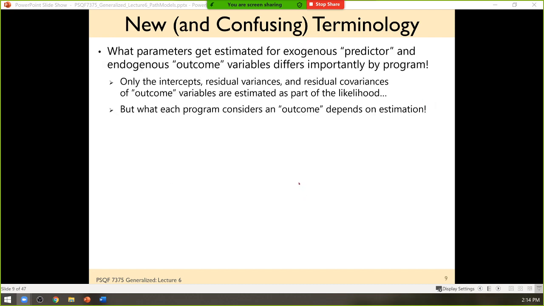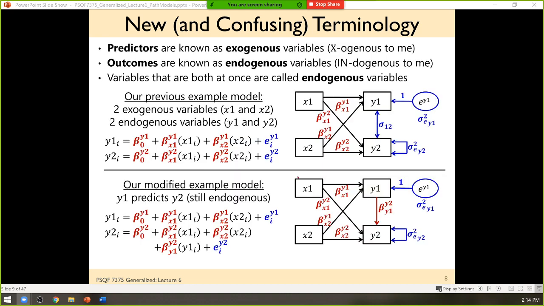I have a lot of words on here. Let me just talk you through this without reference to those because that's more detail, I think. Once upon a time, the way that these algorithms worked in terms of the likelihood was using a summary of all of the individual data. So you would get the means for all your variables, the variances for all your variables, and the covariances, and the model likelihood would operate on that.